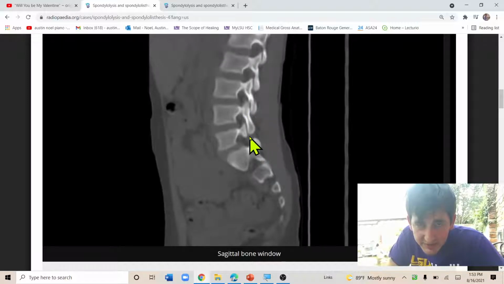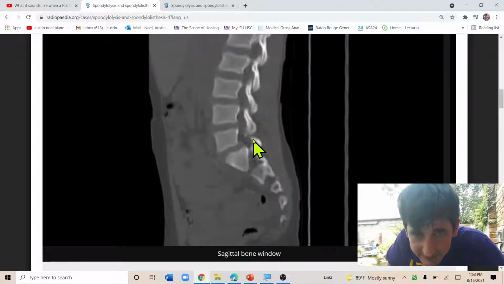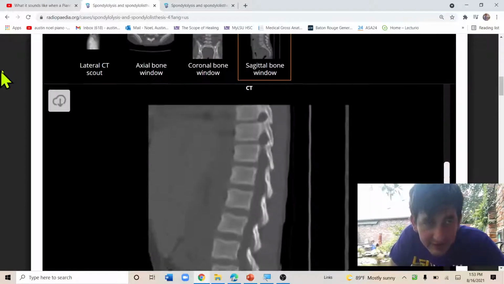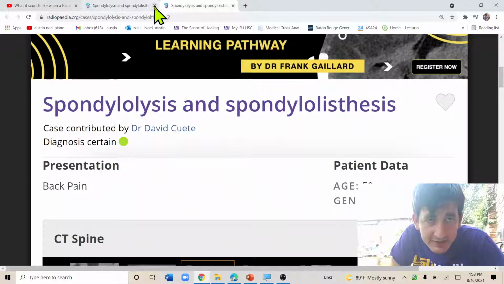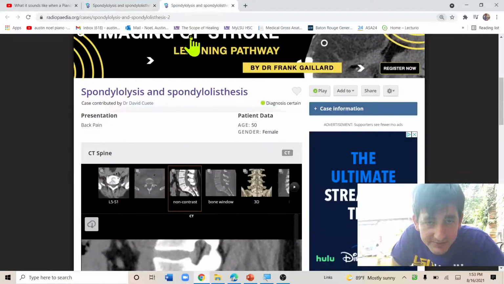And look at this one on L5. It's not connected. Look at this. Connected, connected, connected. Broken. Okay, it's broken. And we can see that. It's not connected over here either. So that is the Scotty dog collar.